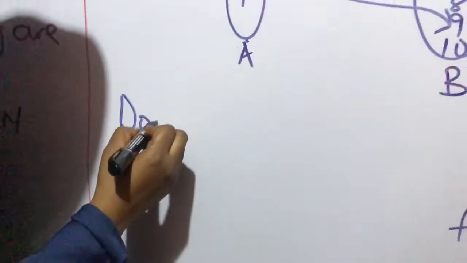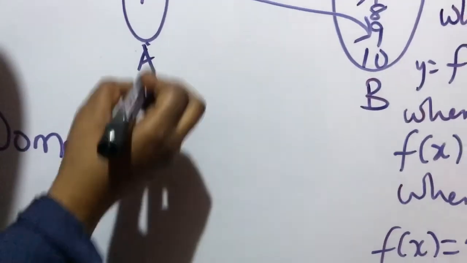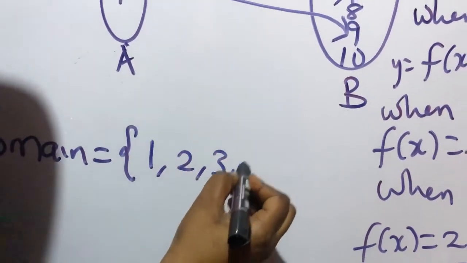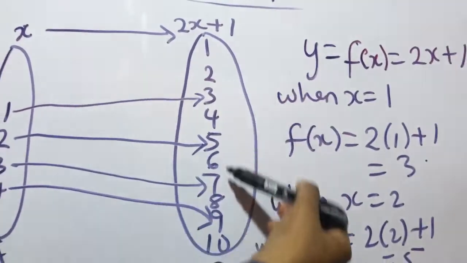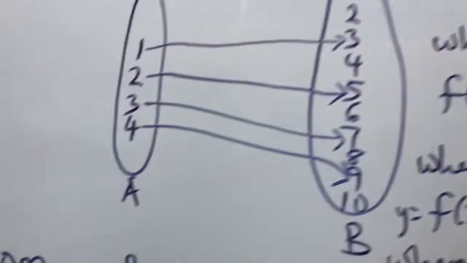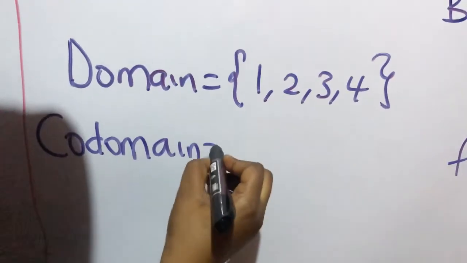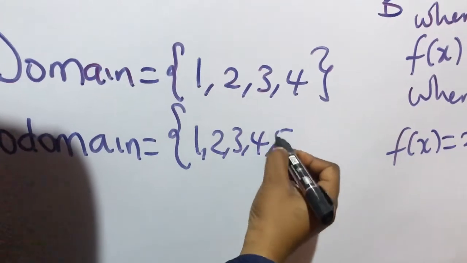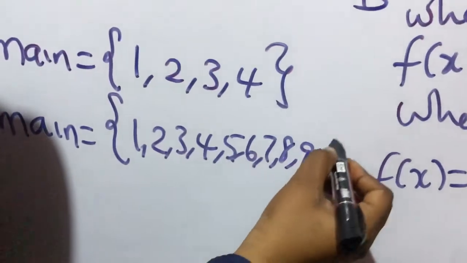So our domain will be the set of all the inputs. Domain will be equal to set A, which is 1, 2, 3, 4. Now, all the possible outcomes make up the codomain. The codomain is equal to 1, 2, 3, 4, 5, 6, 7, 8, 9, 10.